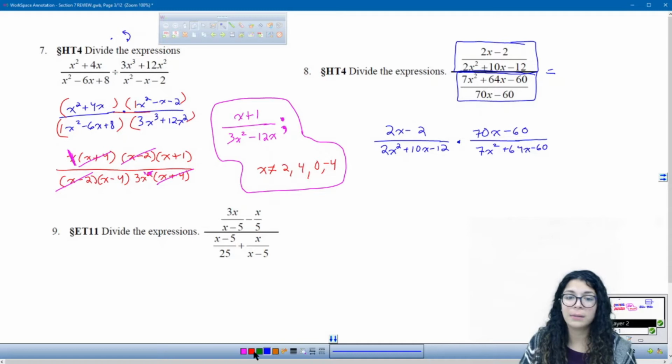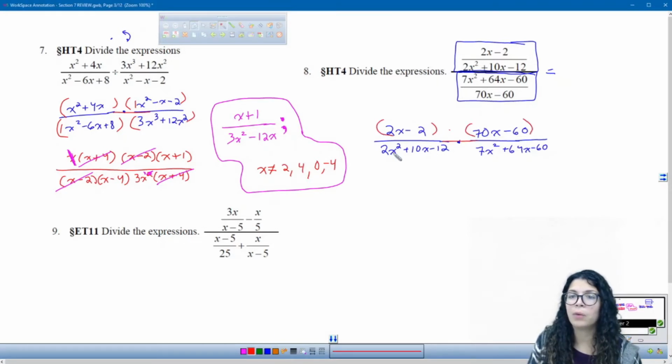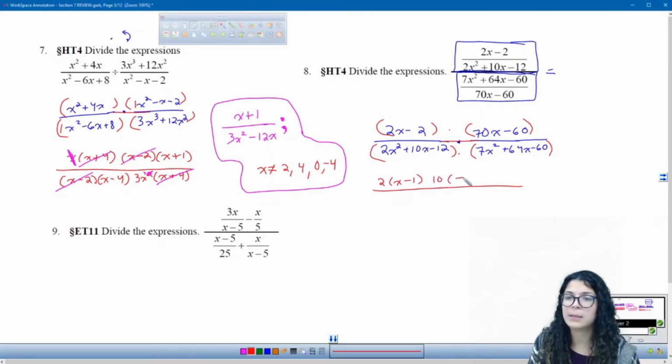Now multiplying, you just multiply top times top over bottom times bottom. So let's go ahead and factor the pieces. Factor out 2 from both of these, we get x minus 1. We can factor out 10 from both of these, we get 7x minus 6.